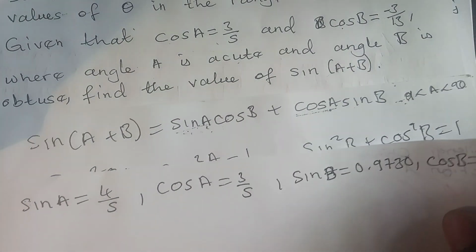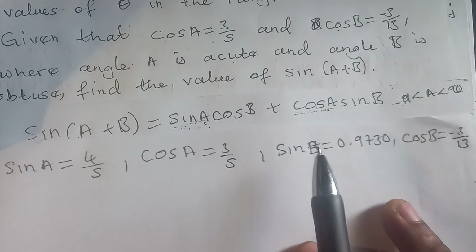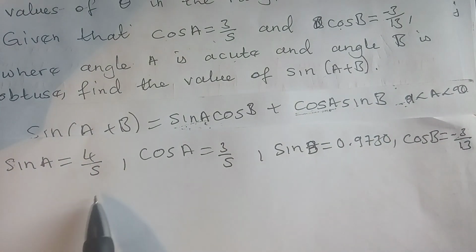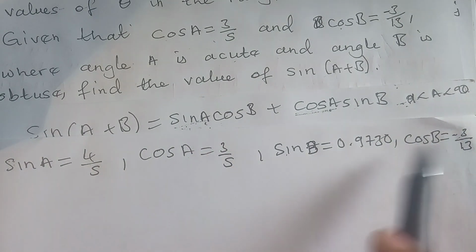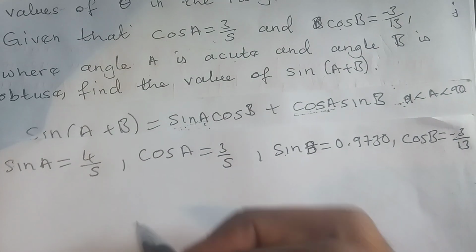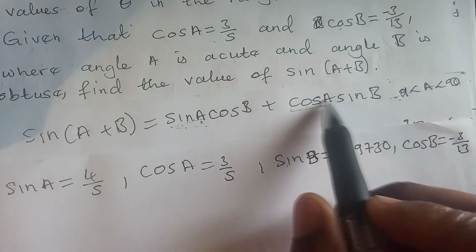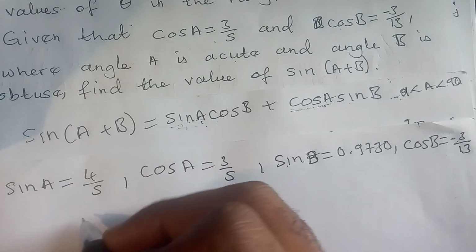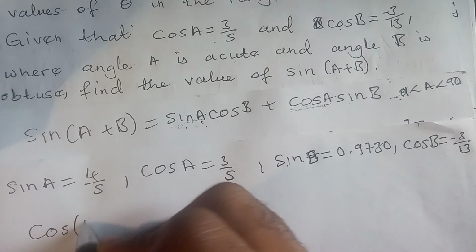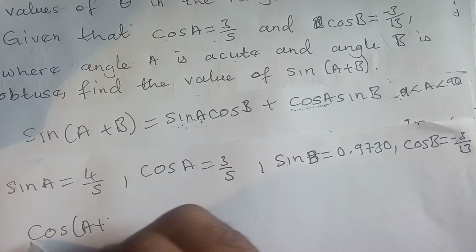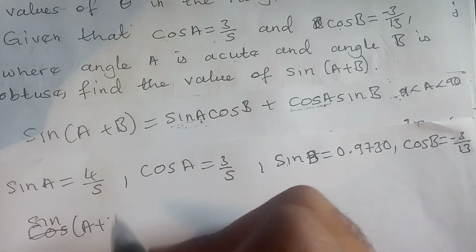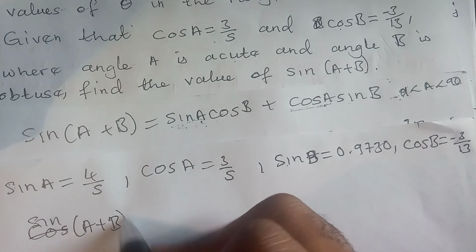So now I've written them all down. This is our sin A, cos A, sin B, and cos B. All you need to do now is substitute each of these in the expansion there. Sorry, this is sin(A plus B).